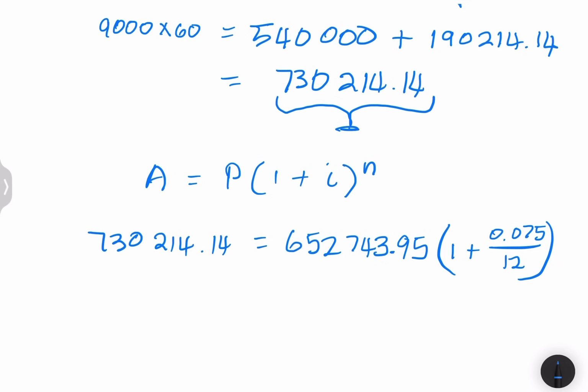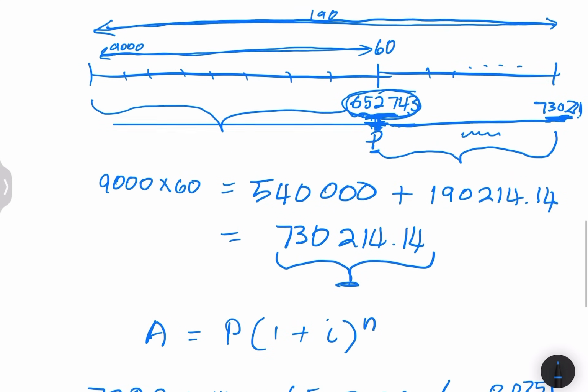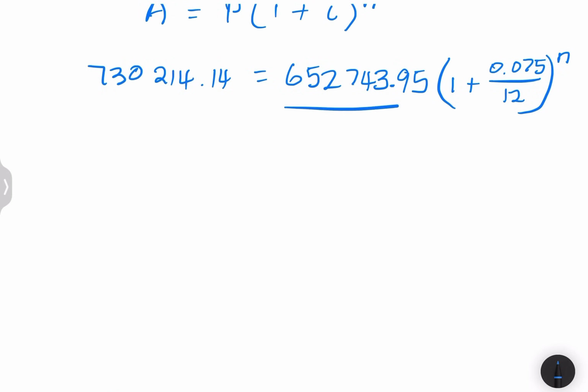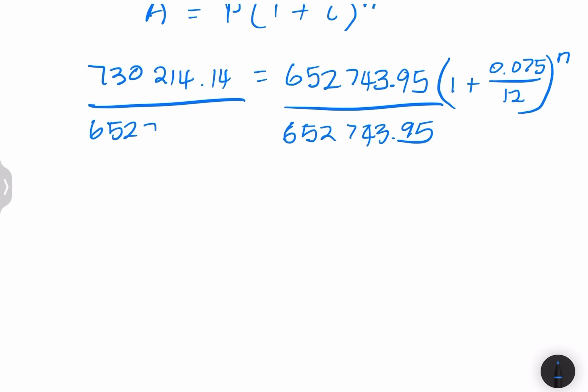And we know that this is over 12 months. And in this case, this would give us the number of months that we deposited this amount here. So I'm going to divide by that amount, 652,743.95. And what I do on the left, I do on the right, 652,743.95.